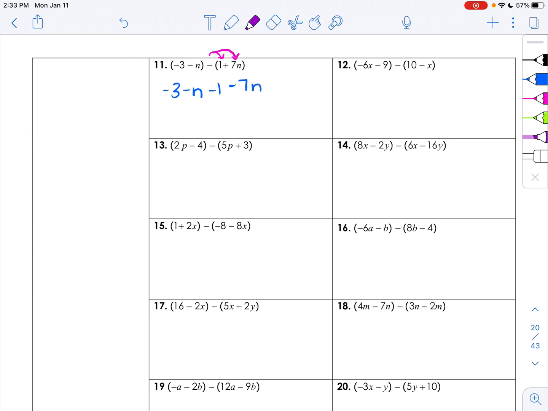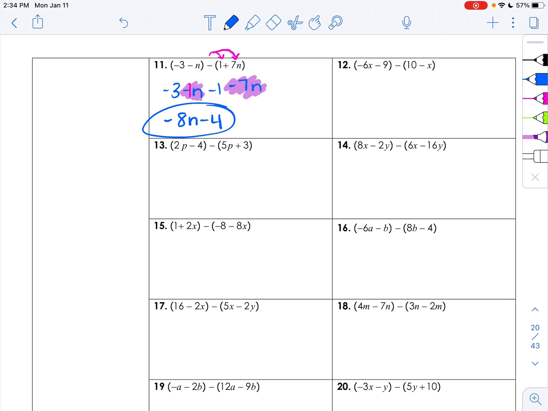Focusing on the variable terms first, we're going to combine negative n minus 7n. So remember, that's like saying negative 1n. So negative 1 minus 7 is negative 8n. Then our constants, negative 3 minus 1 is negative 4.